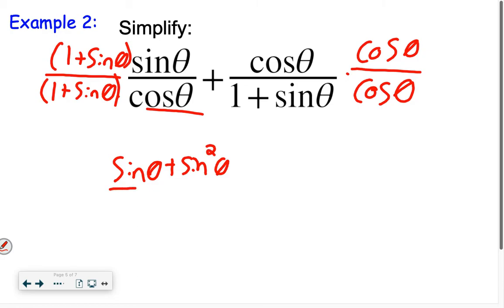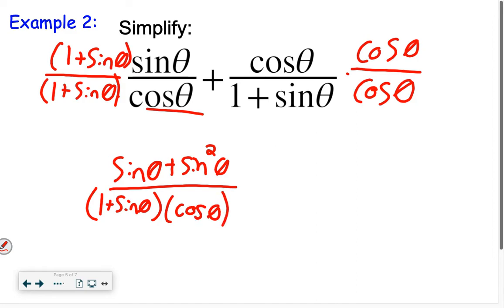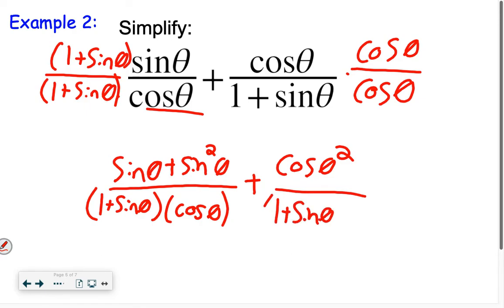Okay, and then on bottom, I'm going to leave this as a nice fraction, 1 plus sine of theta, and then cosine of theta. And then we have plus cosine of theta squared all over 1 plus sine of theta times cosine of theta.